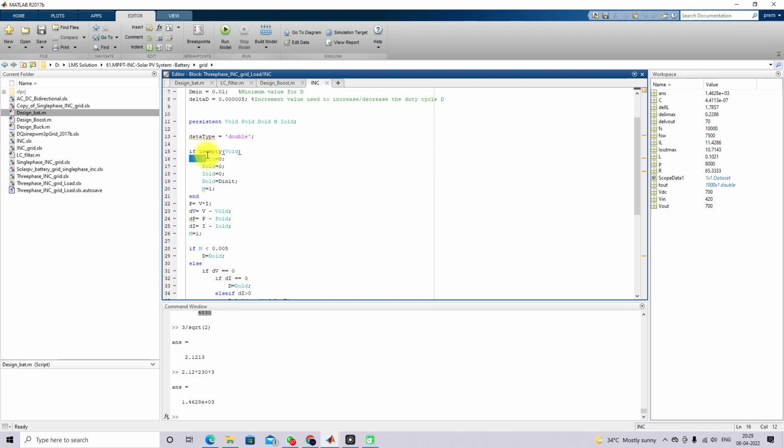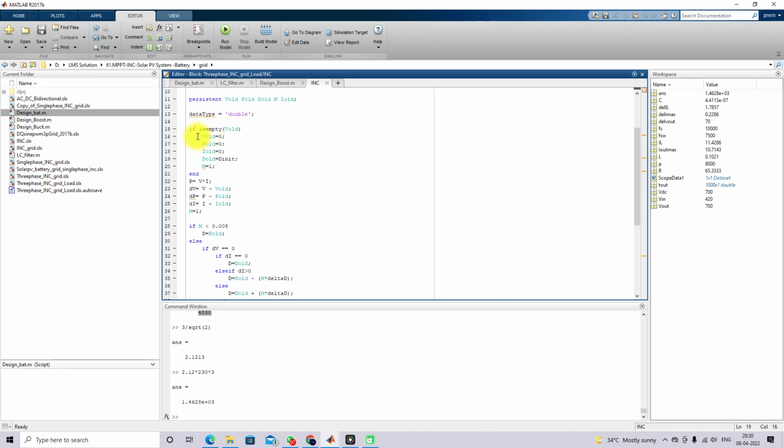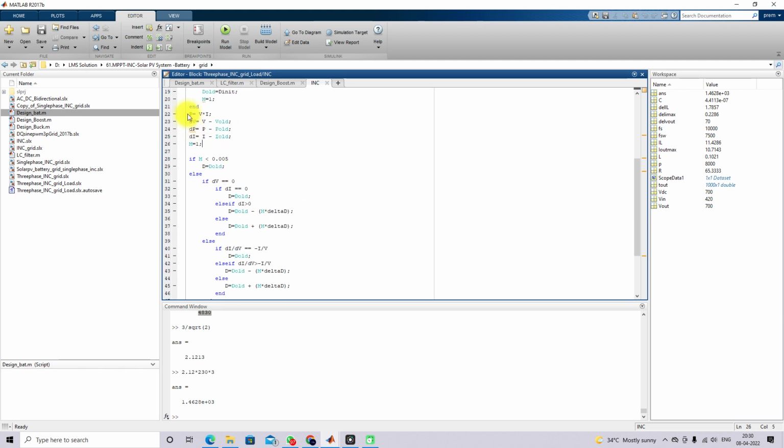Then we check whether the previous voltage is empty or not. If it is empty, you fix the previous voltage, power, current equal to 0, and the previous duty cycle equal to the initial duty cycle. Then you calculate the power of the PV, and the change in voltage, change in power, change in current.